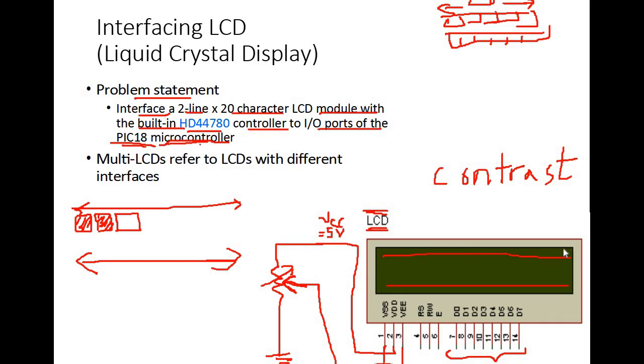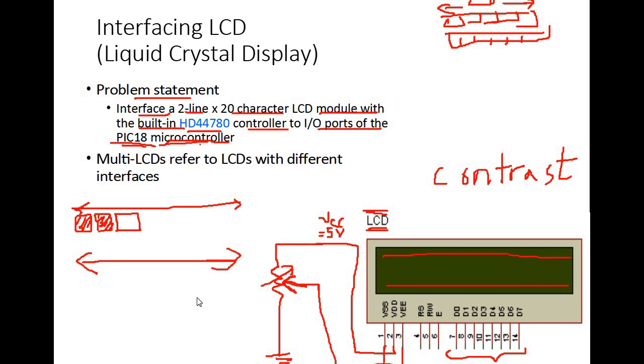First of all, the most important thing is that the LCD module has got a very important connection, which is VSS is ground basically, and VEE is the contrast of the LCD. So just make sure that you connect this variable resistor to this contrast of the LCD so that you can check, right?